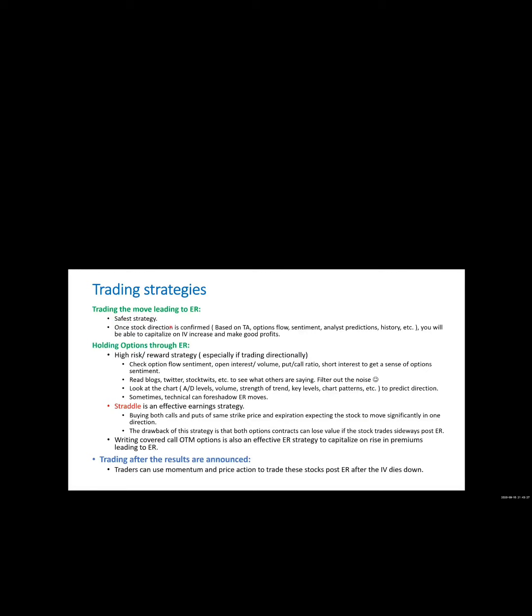Once your stock direction is confirmed, based on your analysis and technicals, option flow sentiment, analyst predictions, and the history of how the stock used to run up leading into earnings, you will be able to capitalize on the IV increase and make good profits leading to earnings. If you make enough profits on the run up, you may actually use part of those profits to trade the earnings result if you really feel like it.